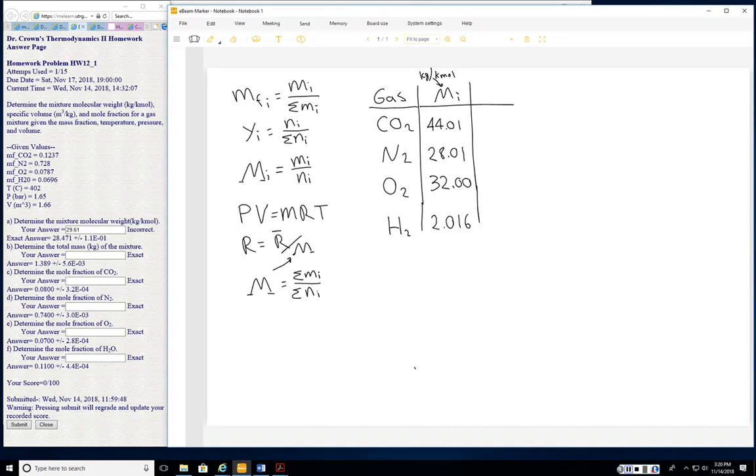All right, and now we need to know the mass fraction of each. Well, we have the mass fraction of each given in the problem. For this problem, mass fraction was 0.1237 for the CO2 carbon dioxide, 0.728 for the nitrogen, and 0.0787 for the oxygen.